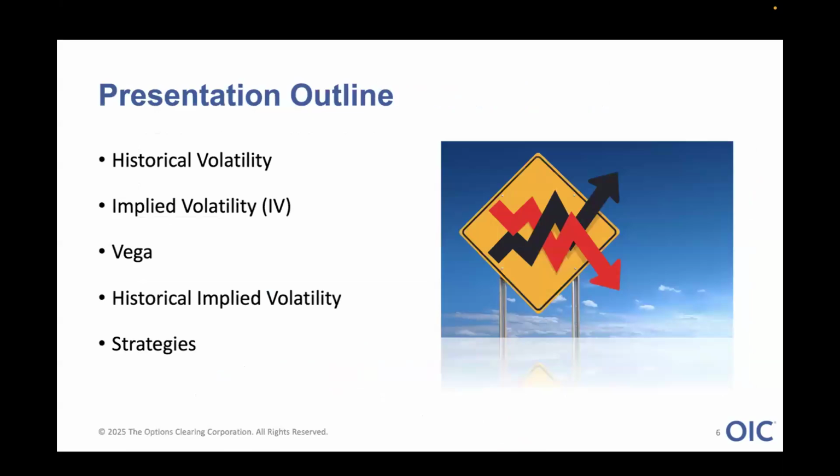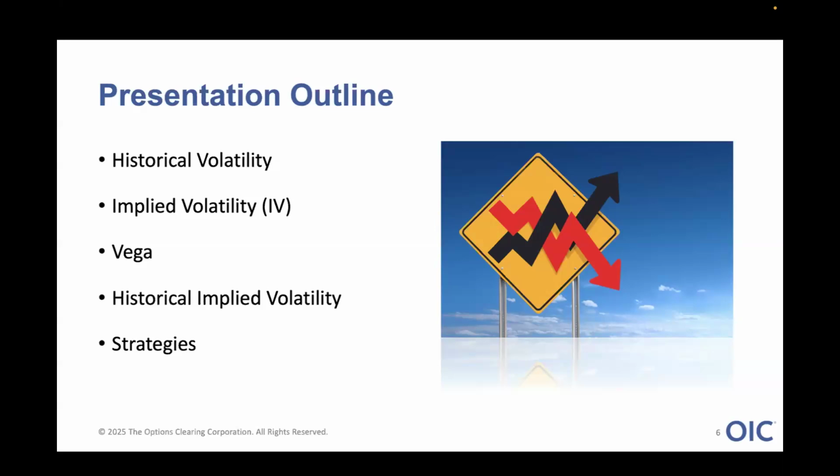So today we're going to be talking specifically about using implied volatility to implement trading strategies. Okay, so we're first going to talk about historical volatility. What exactly is historical volatility? Then I'm going to get into implied volatility, the nuts and bolts of the presentation. Then we'll talk about Vega.